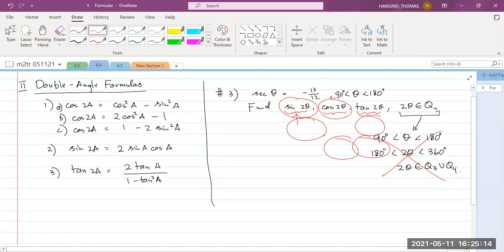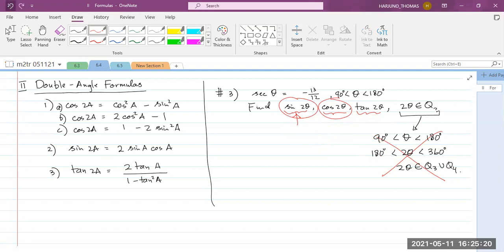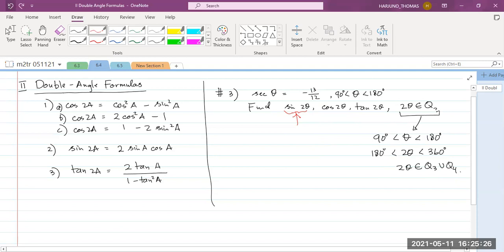But using the angles, when you double it, you know it is in quadrant 3 or 4, so you just need one of those 2, not 3. One of cosine or tangent. But let's do what they want us to do.